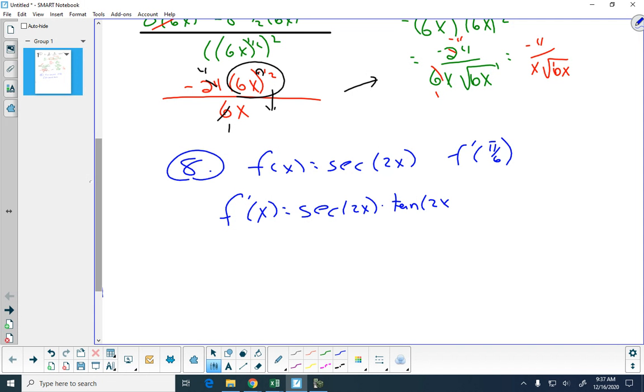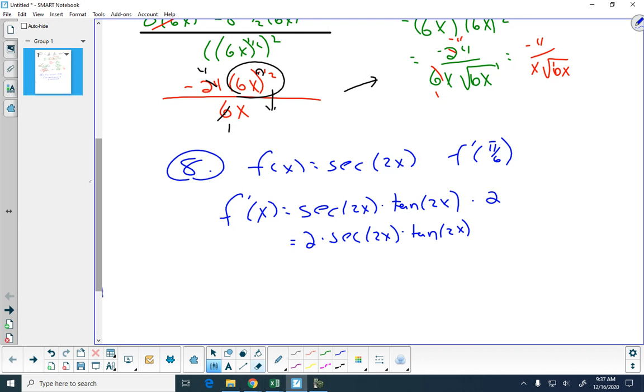So we have secant of 2x times the tangent of 2x, but then we have to use our chain rule and go inside and take the derivative of 2x, which is what? 2. So we are left with the 2 times the secant of 2x times the tangent of 2x.